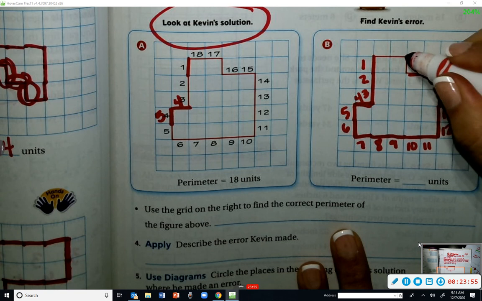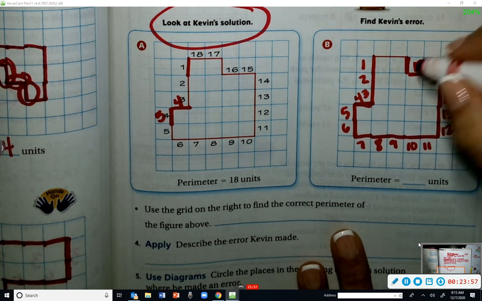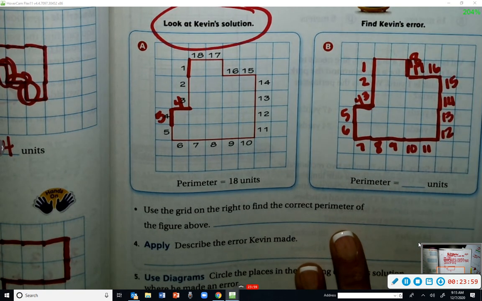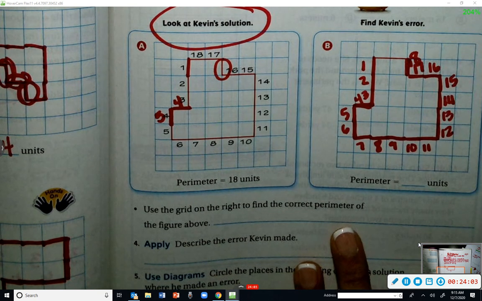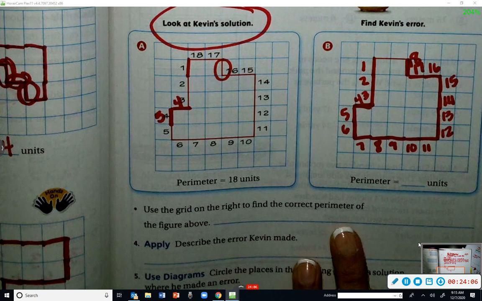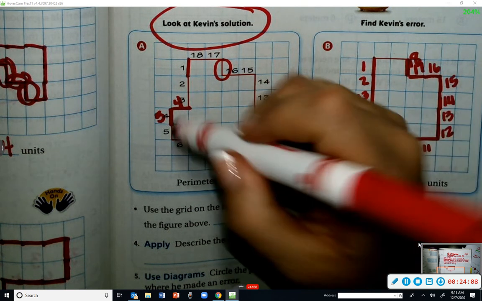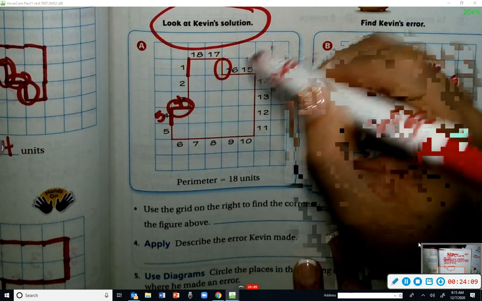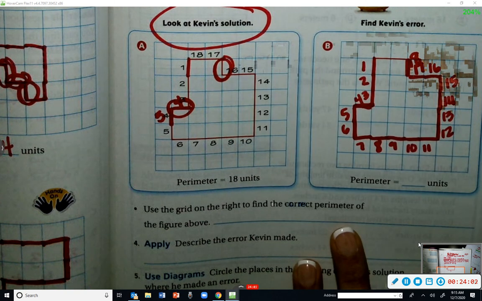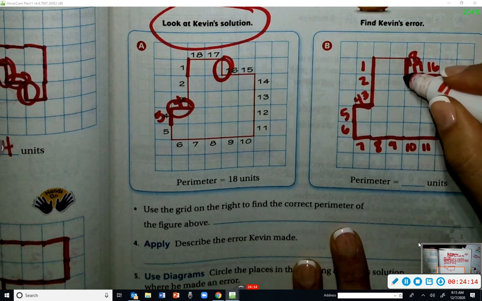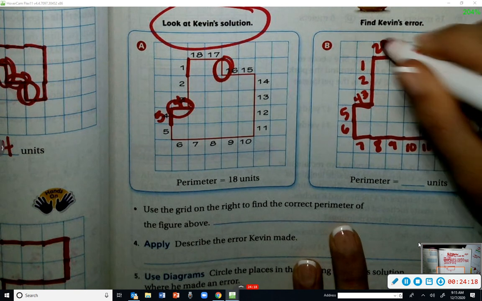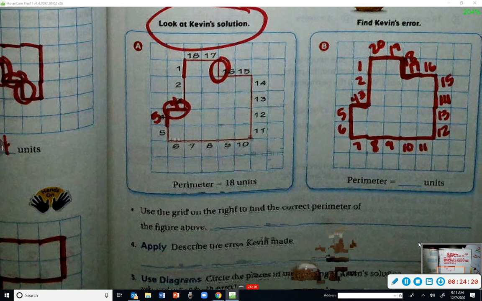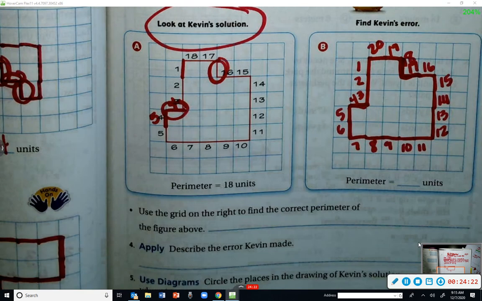And do I count this line right here? Yes. 18. Did he do that? No. So if he got right here and he didn't put a number. 20 units. So he did the same thing on both corners. Every time he got to a corner, he forgot to count it. So 17 would have been here, 18, 19, 20. Okay, so the actual perimeter would be 20.